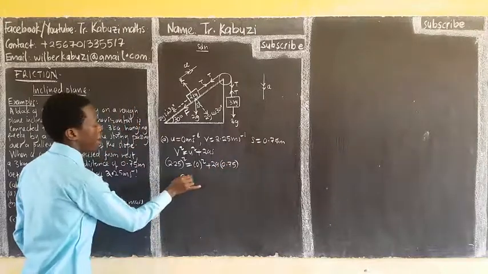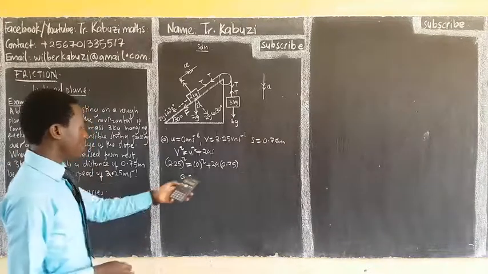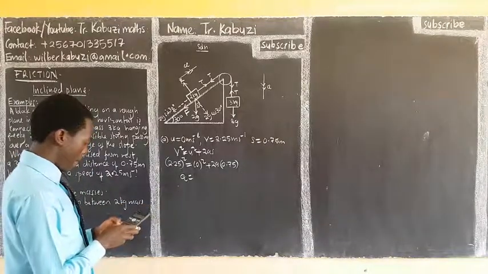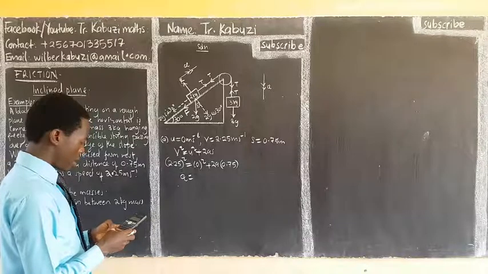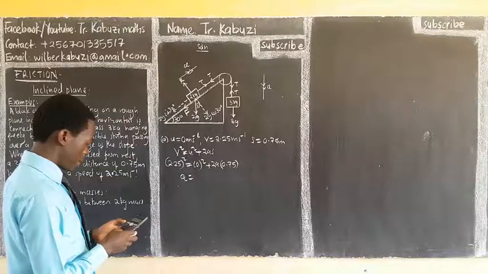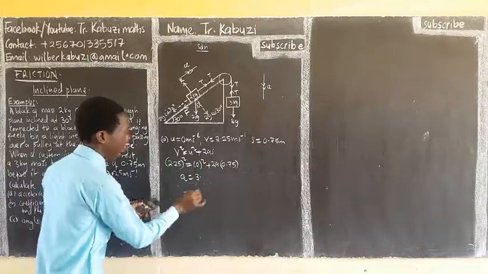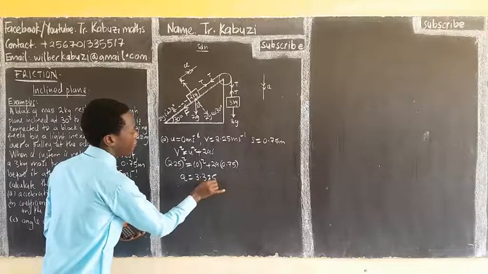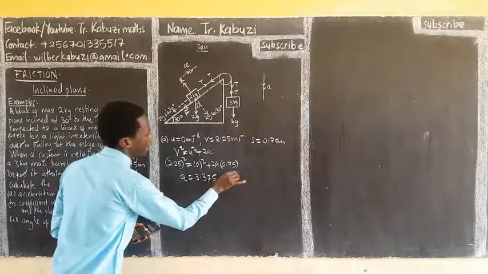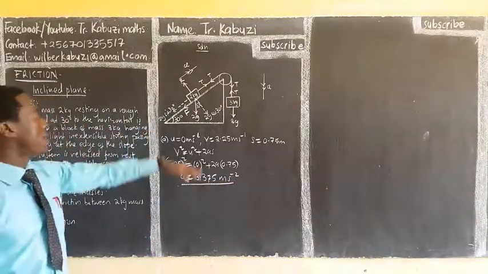From there, just press your calculator. My answer here is a equals 3.375 meters per second squared, and that's going to be the acceleration of the masses.